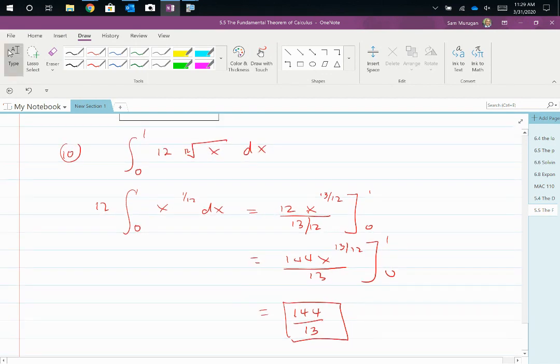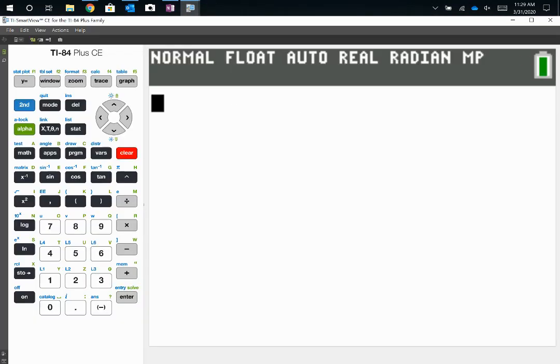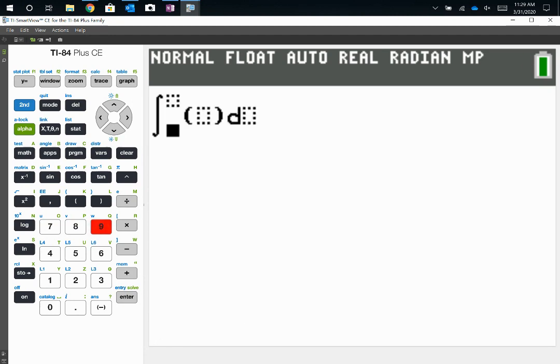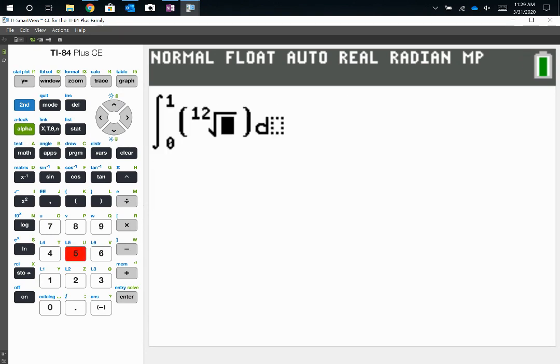You guys want me to do the calculator, don't you? So math, number 9, integrating 0 to 1, 12, math, 5, oops, that's completely wrong.